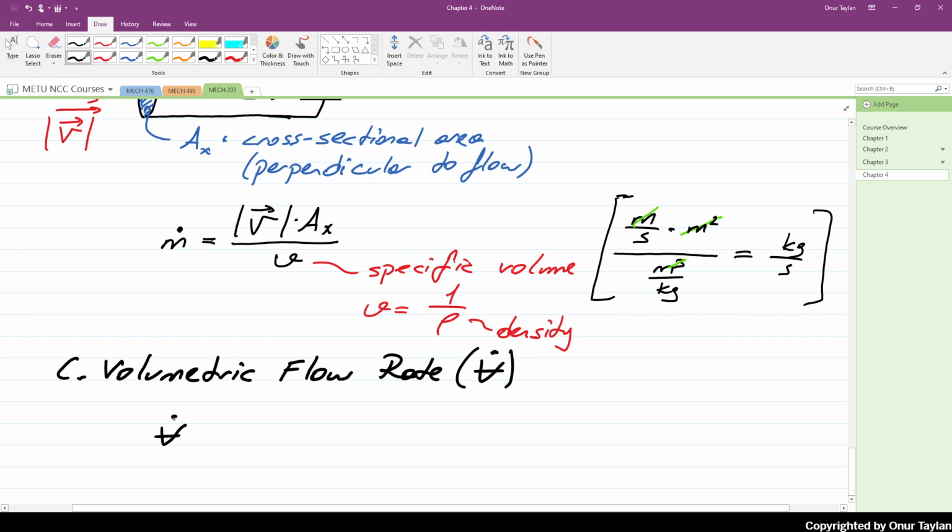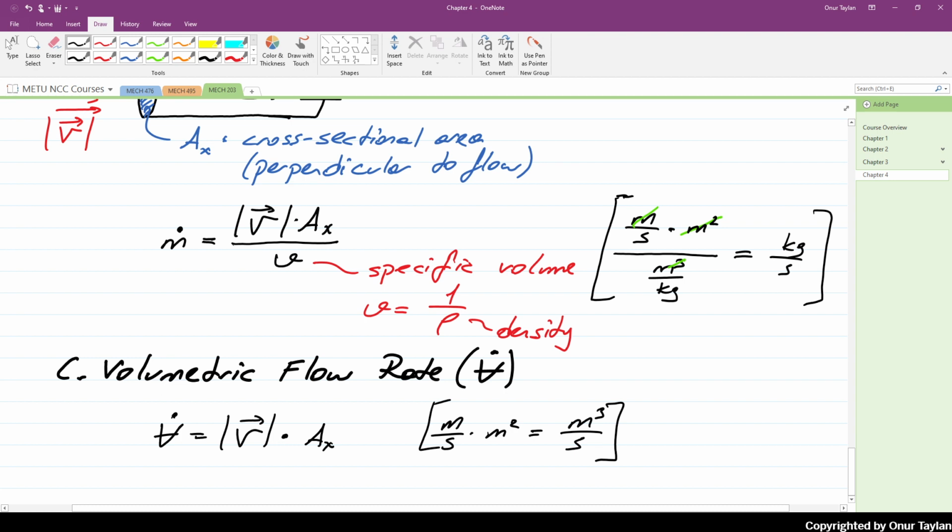Consider the same pipe flow as before. V dot is equal to the speed of the flow times the cross-sectional area. When you check the units, it's meters per second times meters squared, so it's meter cubed per second as the unit of the volumetric flow rate.